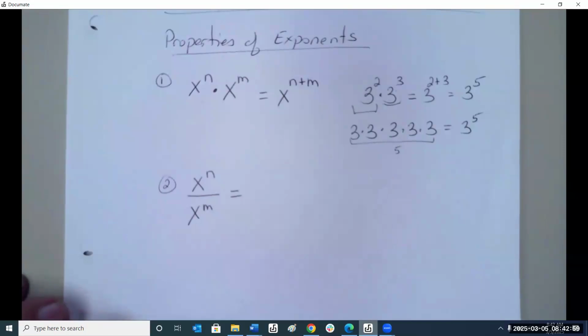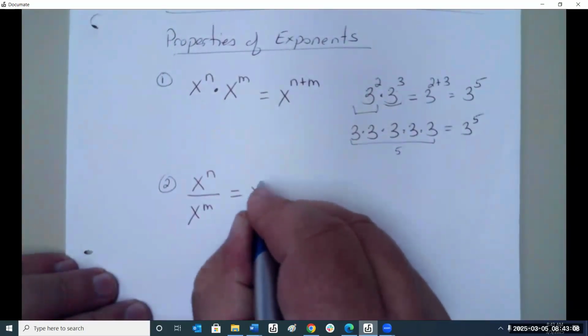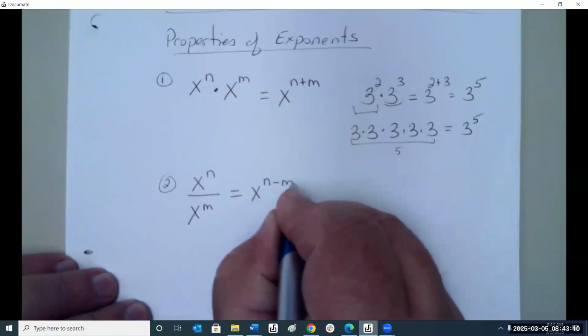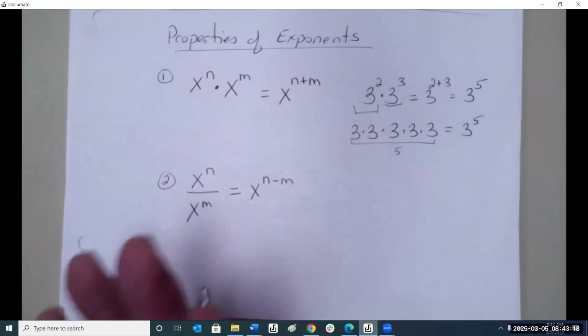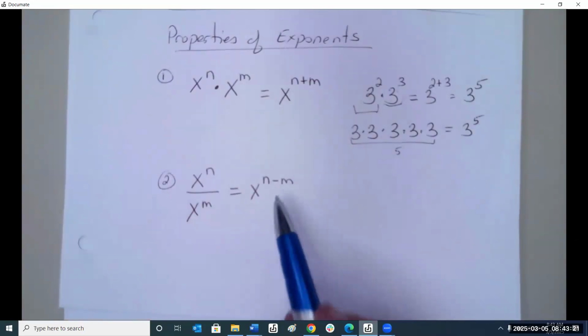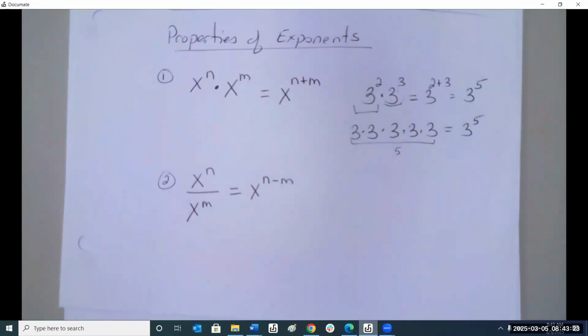If you're dividing two numbers that are exponentials and have the same base, then we subtract. Again, these are easy answers, but you know it if you could tell me why. That was just a safe guess because that one's a plus, so this one's got to be minus. It doesn't tell me why.